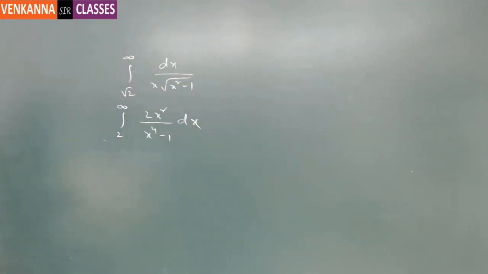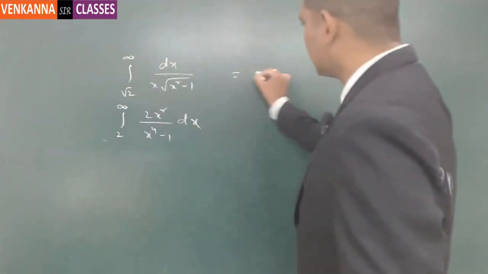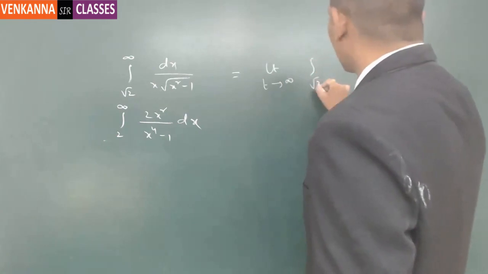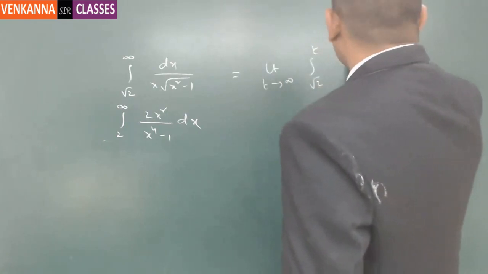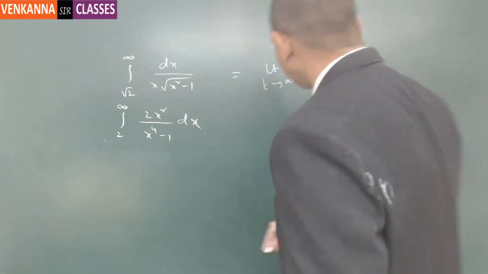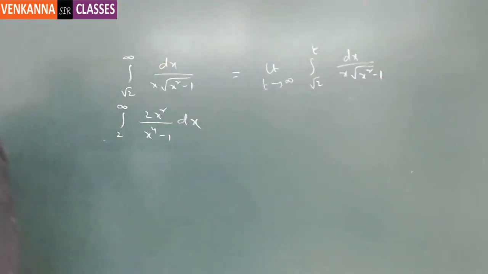Let us consider these two problems once. So again, this is an improper integral. It is equal to limit t tends to infinity integral root 2 to t dx by x into root of x square minus 1. Now the question is how to evaluate that integral. Any guesses from anyone?